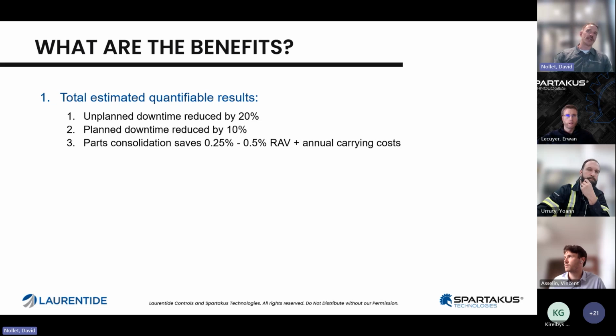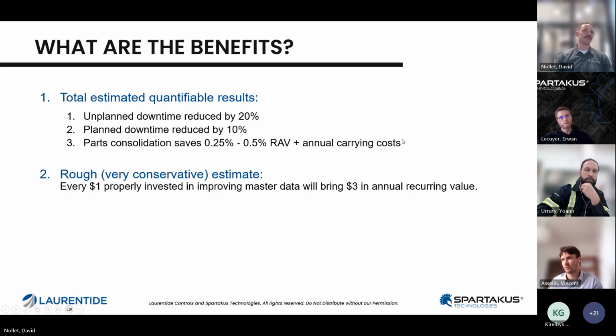That doesn't sound like a big number, but your replacement asset value for your plant might be $200 million, $400 million. So 1% of 400 million would be 4 million, 0.5% would be 2 million saved in not buying duplicate inventory and then not having those carrying costs associated.